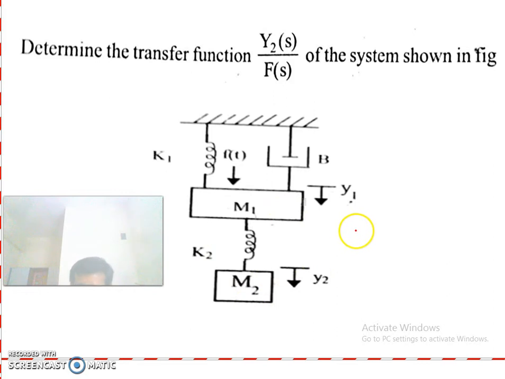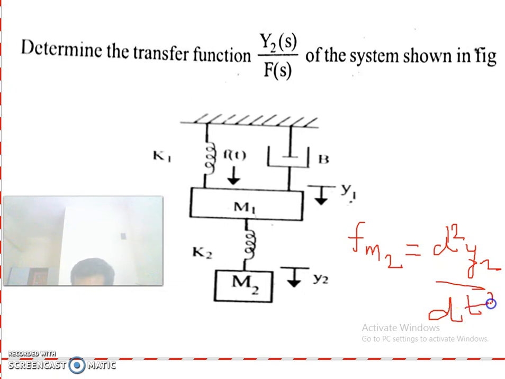Okay, similarly in m2 the opposing force due to the m2 is Fm2 is equal to M2 into d square y2 divided by dt square. Here the displacement is y2. Then a spring is connected between m1 and m2.